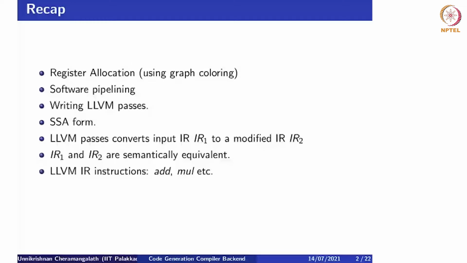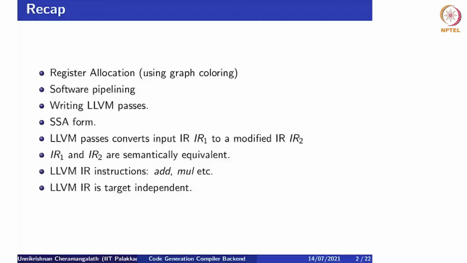LLVM IR is target independent. So when we slowly move to the backend, when there are hardware independent IRs, how this last stage of compilation is done, we'll see in the lecture.